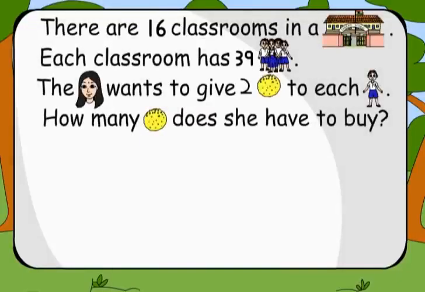There are 16 classrooms in a school. Each classroom has 39 children. The teacher wants to give 2 laddus to each child. How many laddus does she have to buy?